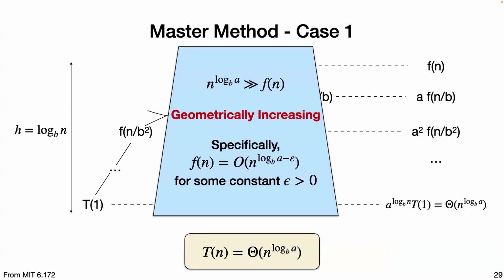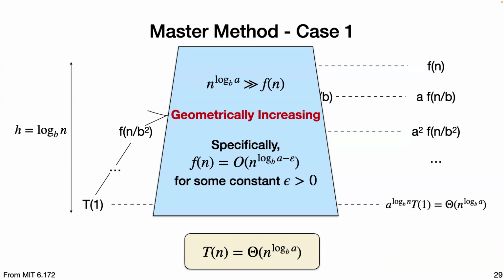So there are 3 cases in the master theorem. One is that all the way down, the levels are geometrically increasing. That means n to the log base b of a is much greater than f(n), which means the branching factor is much greater than the little bit of work that you're doing at each node.